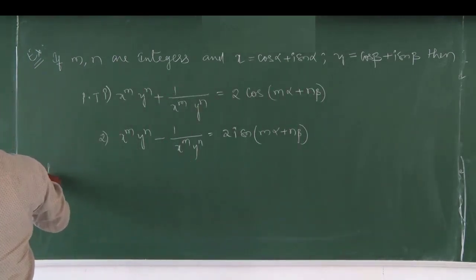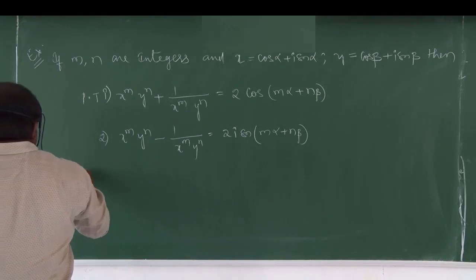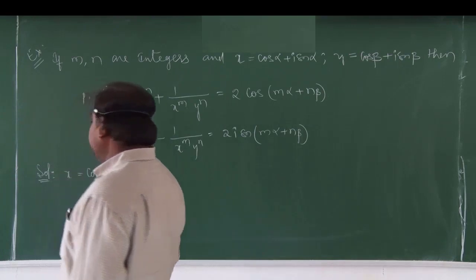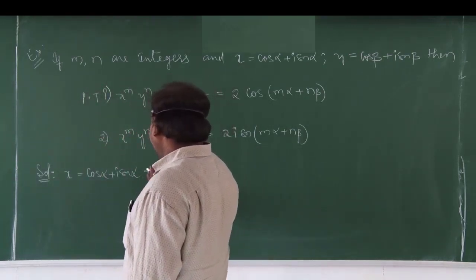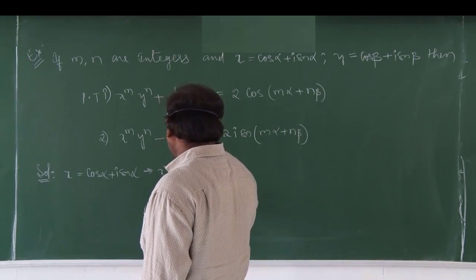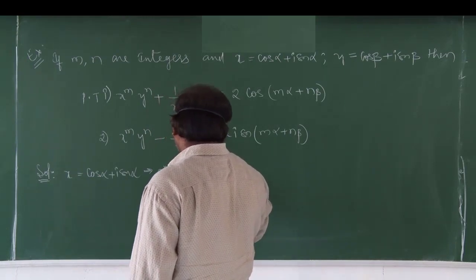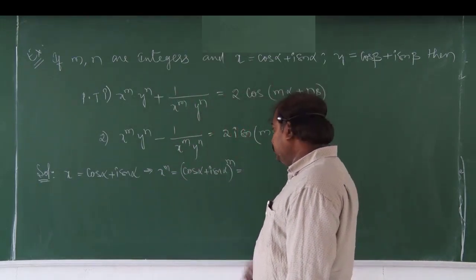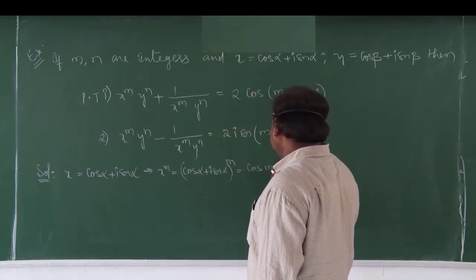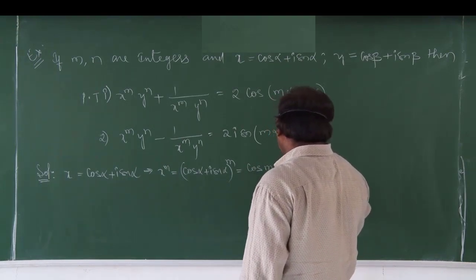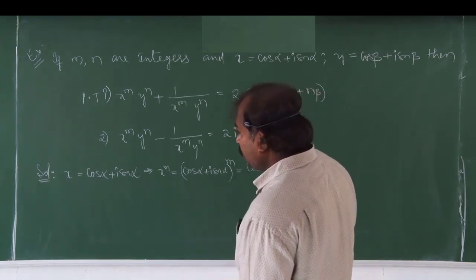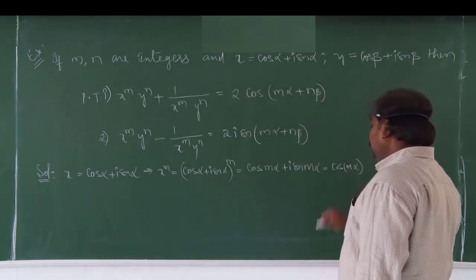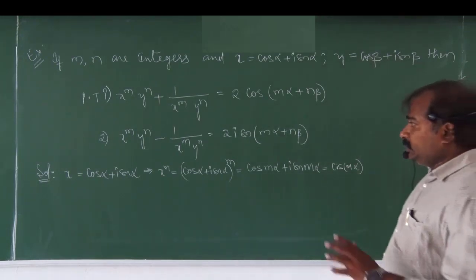So basing on the given data, x is equal to what value they given? Cos alpha plus i sin alpha. Calculate x power m equal to cos alpha plus i sin alpha whole power m. This will be cos m alpha plus i sin m alpha, nothing but cis of m alpha. Next y power n.